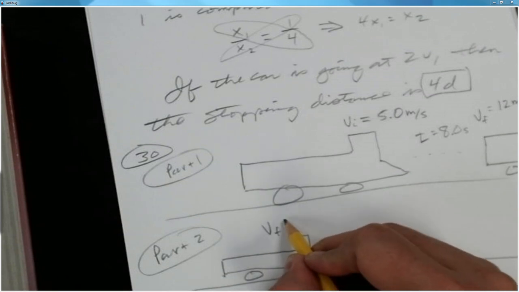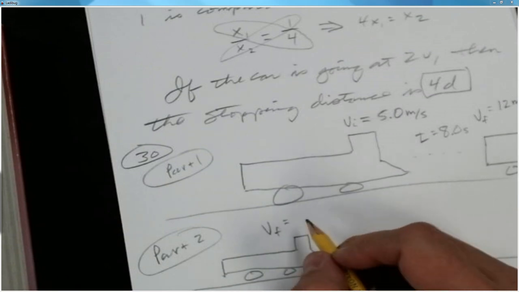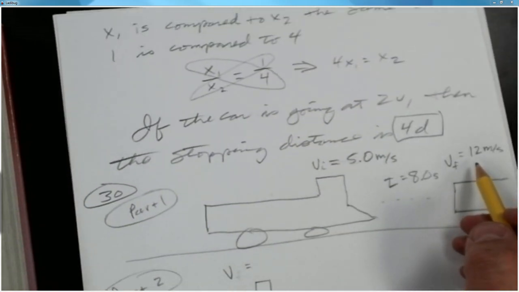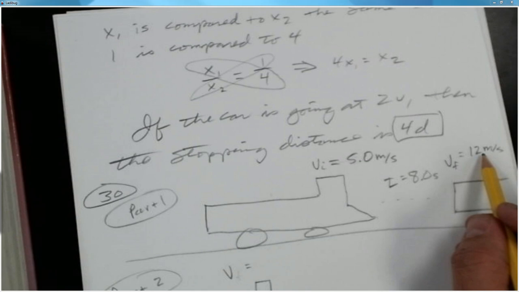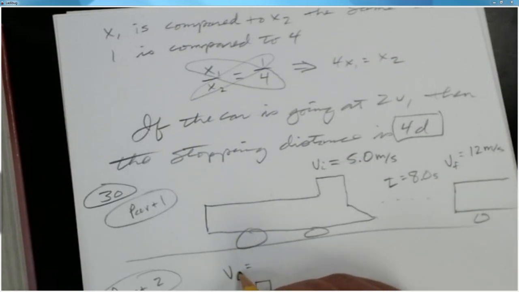So here we've got our train. V initial, well, if I got up to 12 meters per second here, then my initial here must be the 12 meters per second that it got up to.